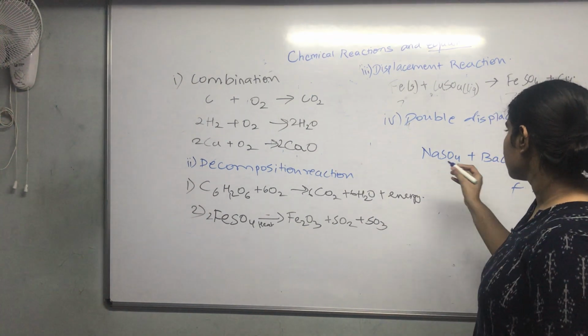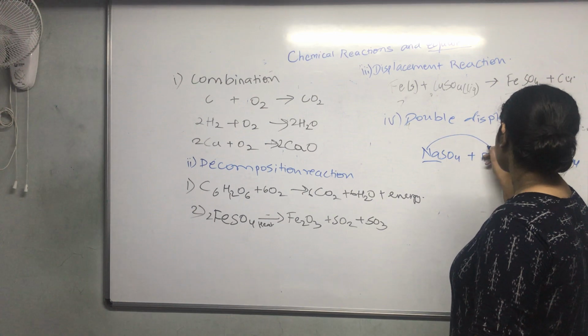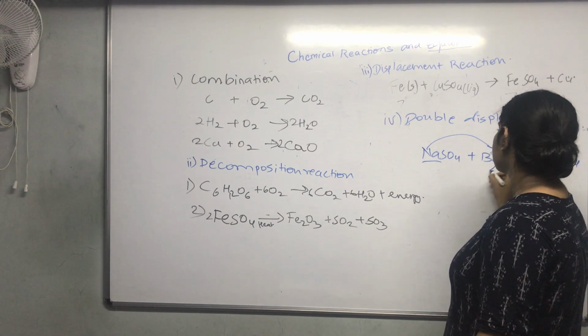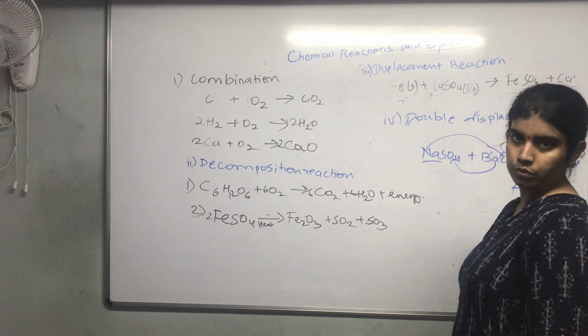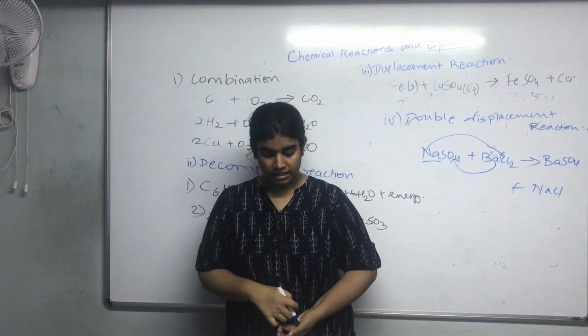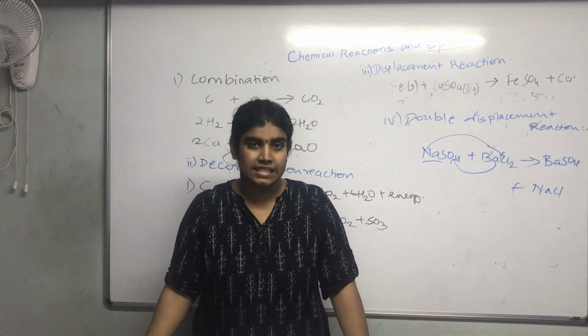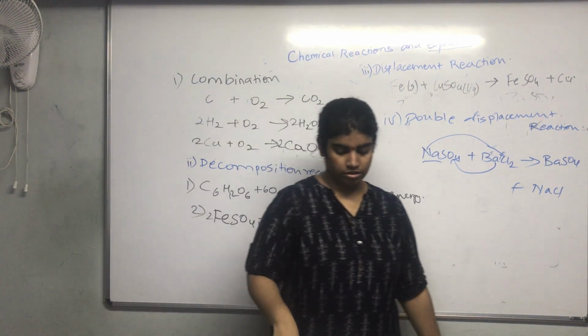Now here what happens is this Na moves to this chlorine, and this barium moves to this SO4. So there is not just one displacement, the reaction occurs in the form of double displacement reaction.